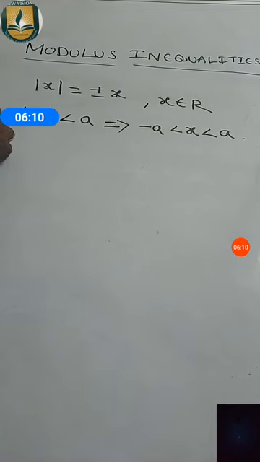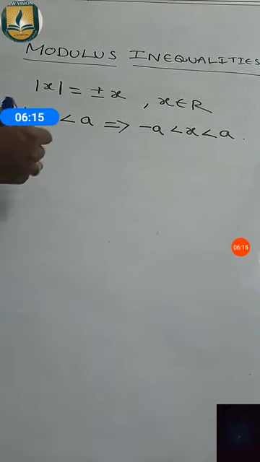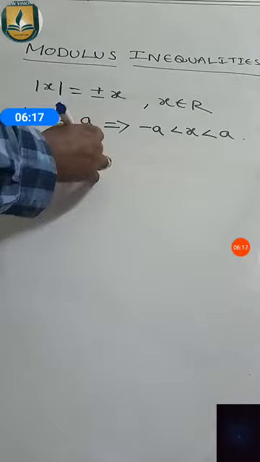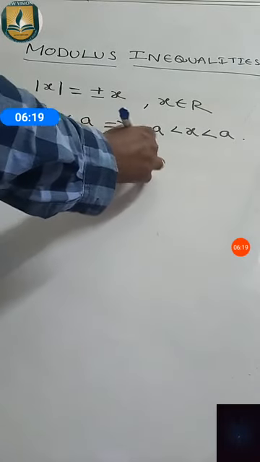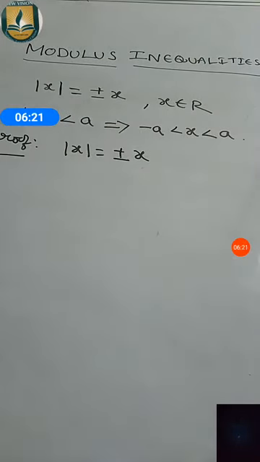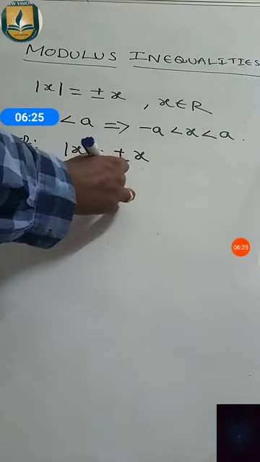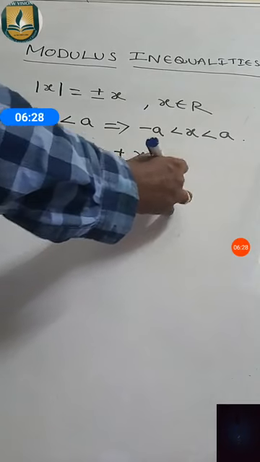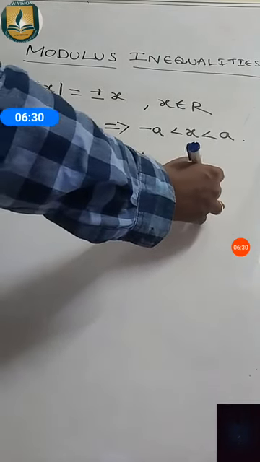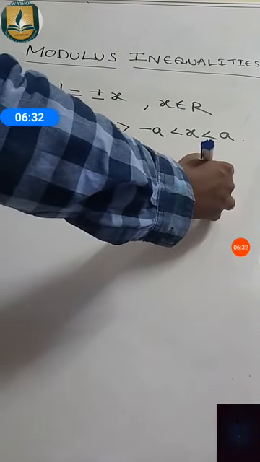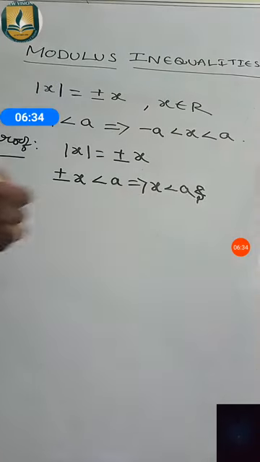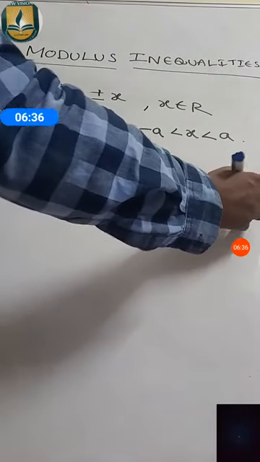The proof for our solution: modulus of x means, as we just discussed, plus or minus x. That means, my dear students, here plus or minus x is less than a. That means x is less than a, and another one is minus x is less than a.